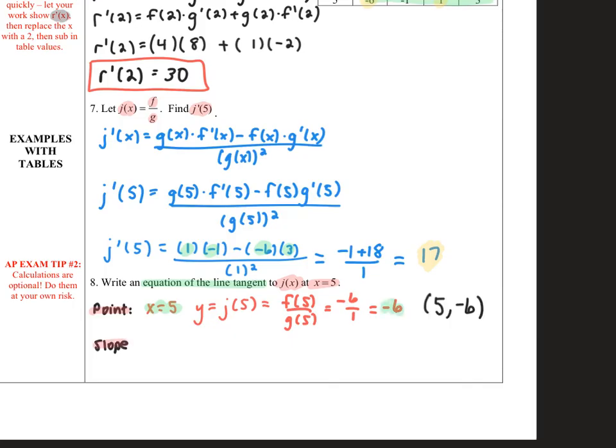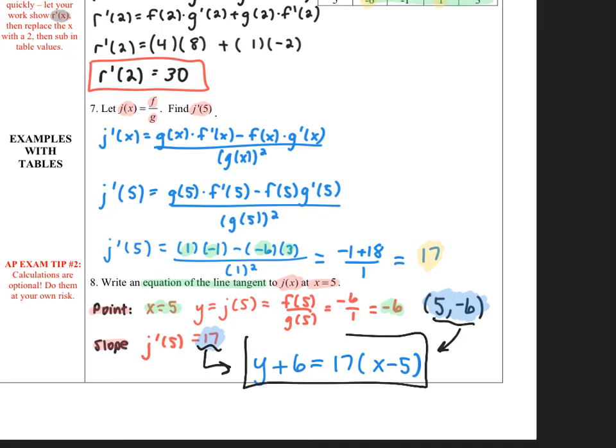And for my slope, I have to do j prime of 5. Well, that was just my answer to number 7. So my j prime of 5 is just going to be 17. And using this as my point, 5, negative 6, and 17 as my slope, I'm going to use point slope and write my equation. And here we have our equation of a tangent line.